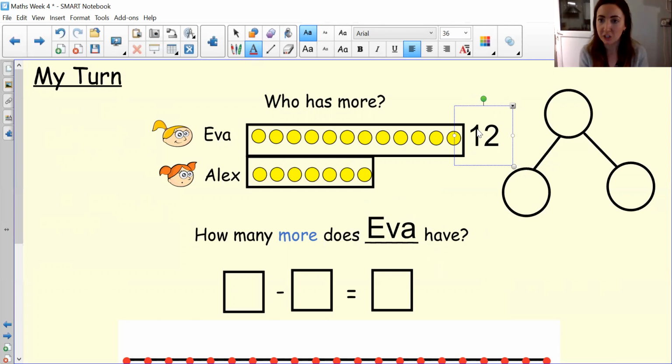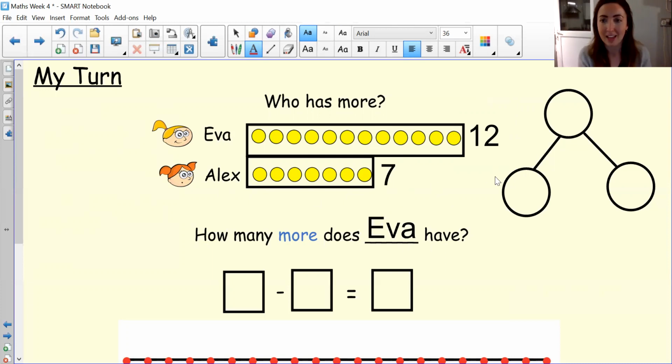And so when the question has been, how many more does Eva have? You said 12. Now, she doesn't have 12 more than Alex, because if she had 12 more than Alex, then that would mean that Alex would have 0. We can see Alex definitely doesn't have 0. So let's count, see how many Alex does have. 1, 2, 3, 4, 5, 6, 7. Alex has 7.